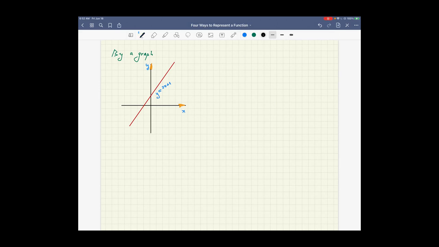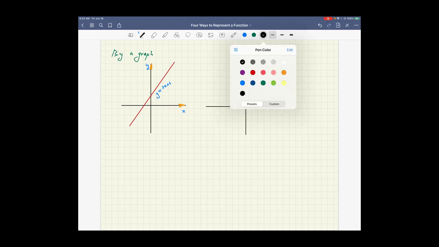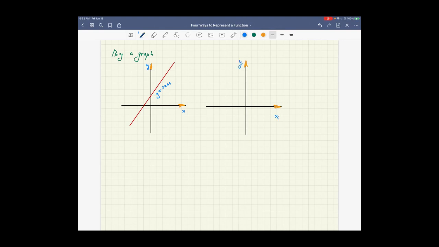The second picture will look like this. Note that even though these are two pieces that don't share any points, this actually is the graph of one function.